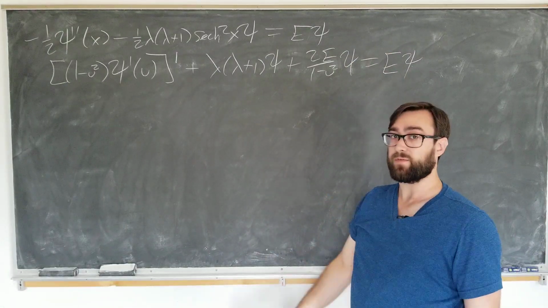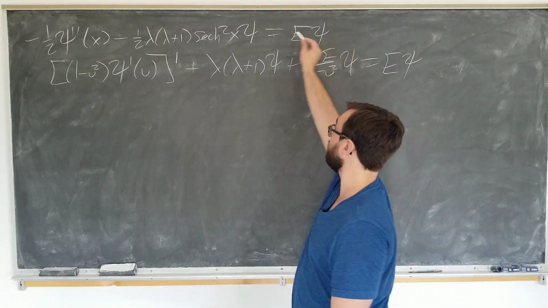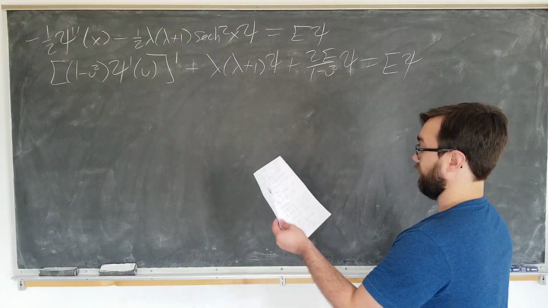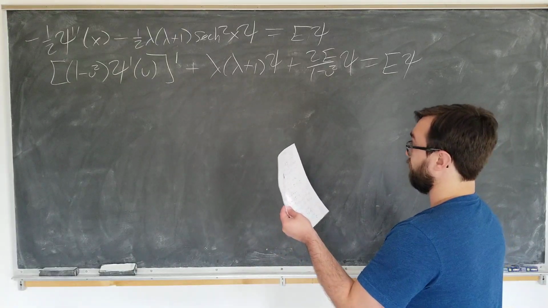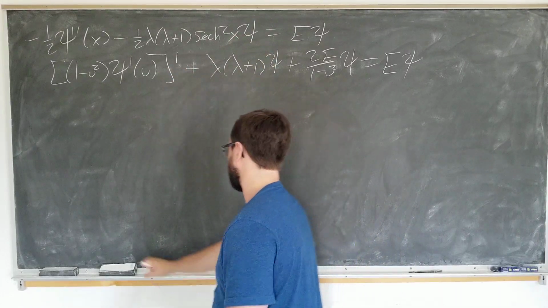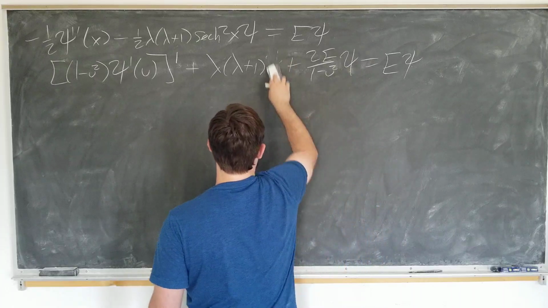Did a brief simplification here. Basically, I just multiplied everything by 2 and moved this to the other side at the cost of a minus sign. Yep, just making sure I did everything right. You see the sech squared term has been absorbed into there, so everything's okay. I'm just going to make one more simplification as well. Let's go ahead and get rid of this side.